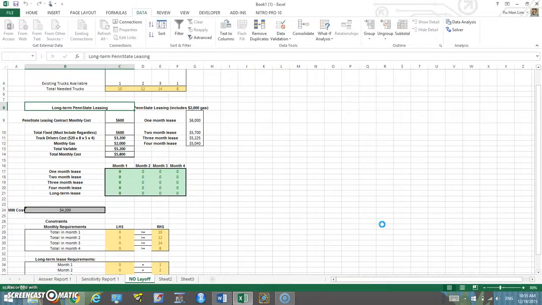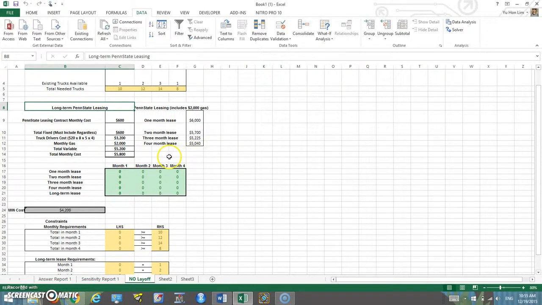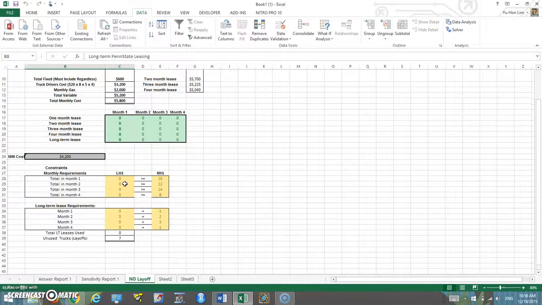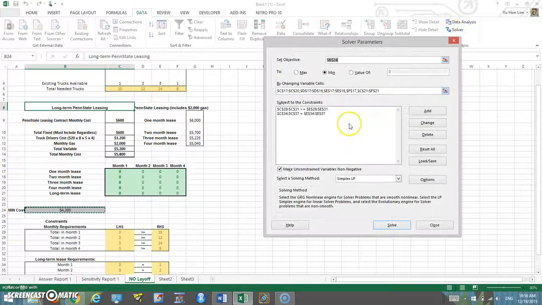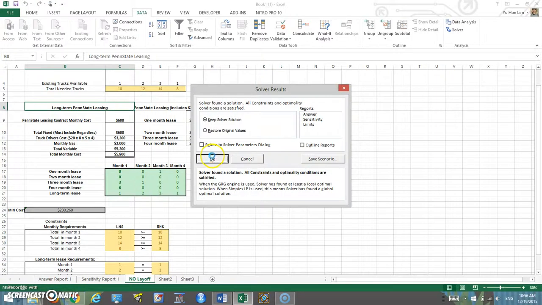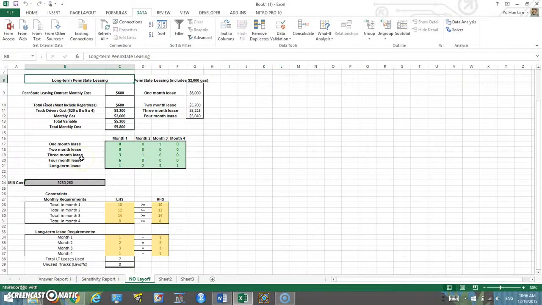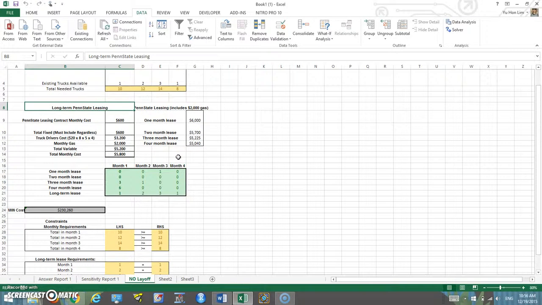Okay, and now we solve it. And here's the answer. Let me keep the solution. So that's the optimal solution for this particular question.